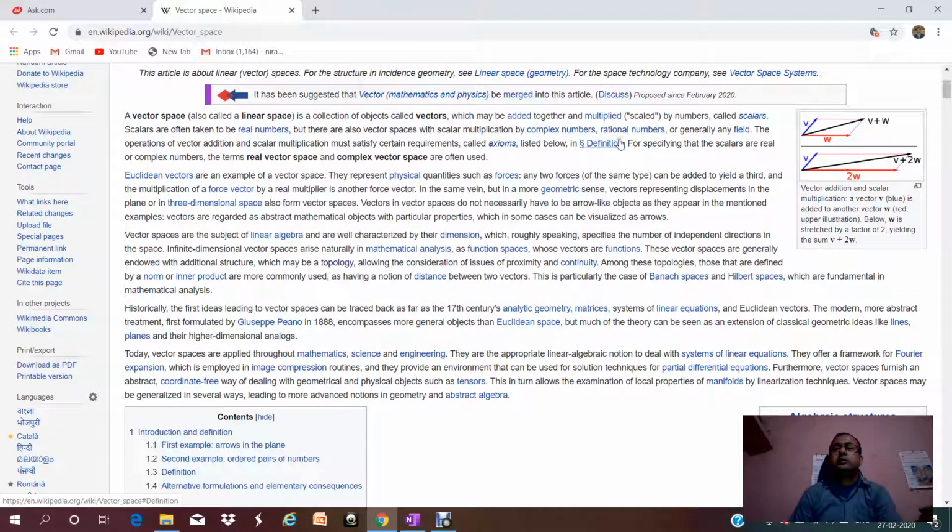We know what a field is. A field can be real numbers, which also generate a field, and complex numbers also generate a field.